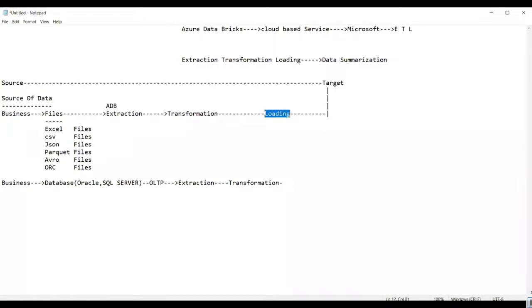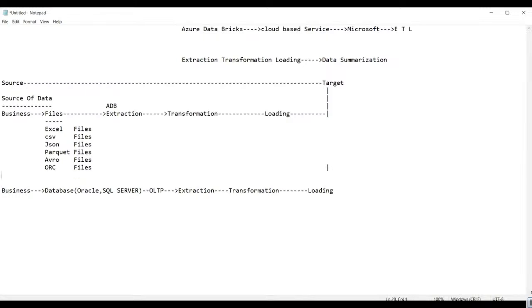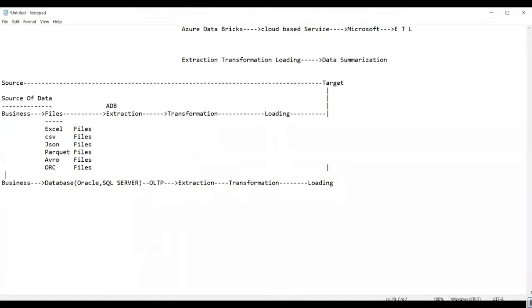So now loading will be done. Once the loading is done, it will be done into the destination. That means this is the destination. This will be your destination.